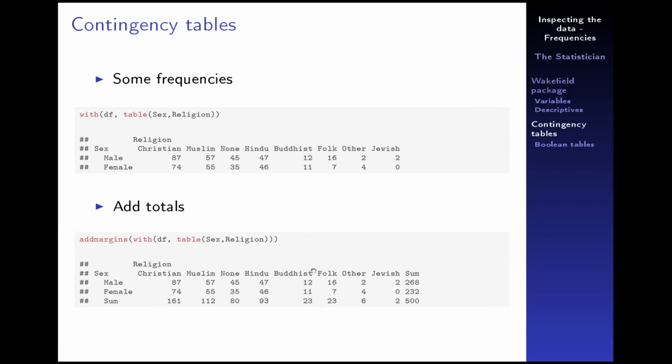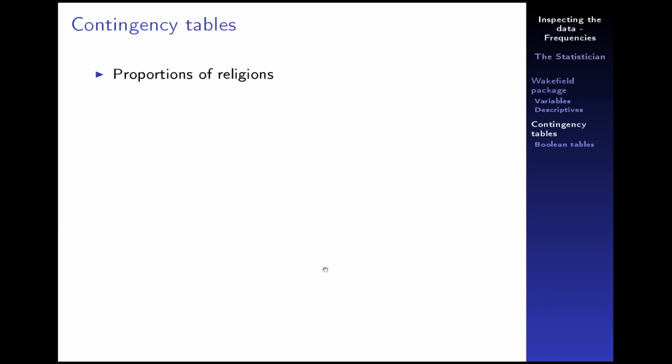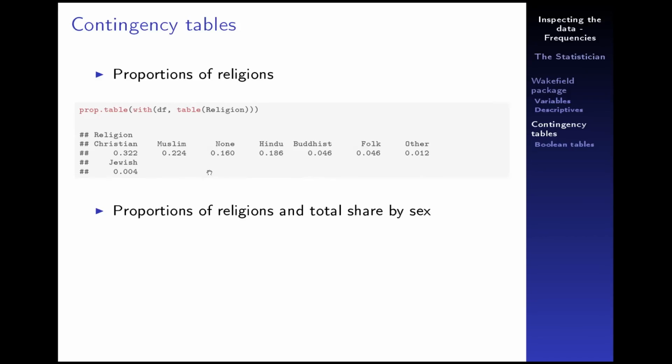all right, so we can also convert these contingency tables to proportions, and by using prop table we can see the proportion of Christians.